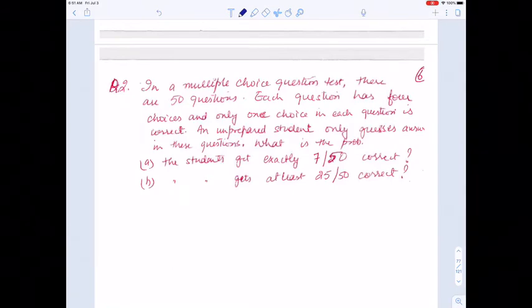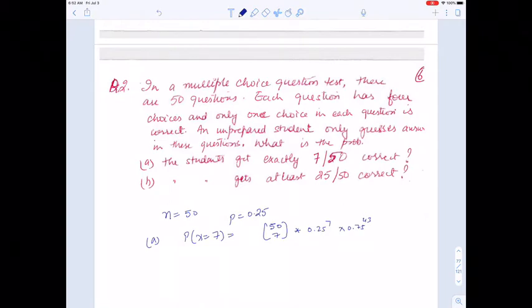Another question, let's look at this. Read this question, do part A and B. This is what I'm getting.